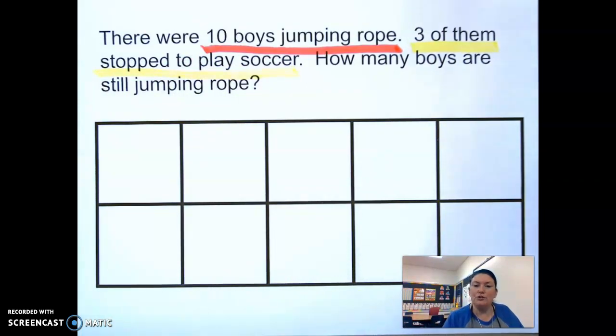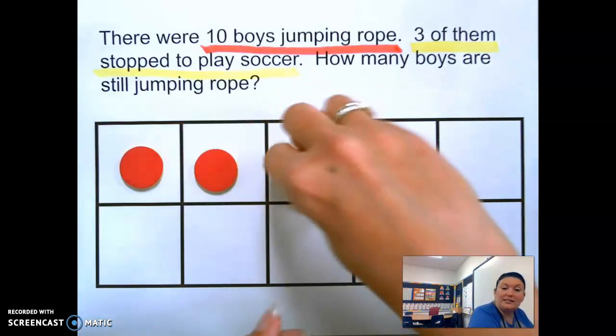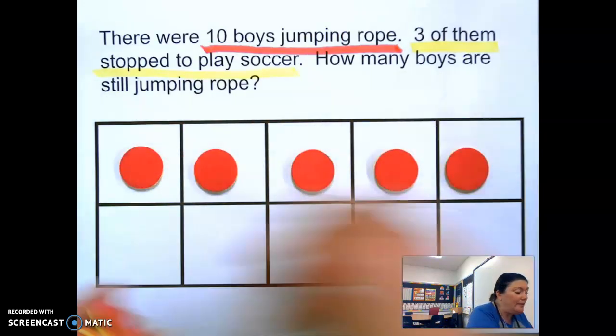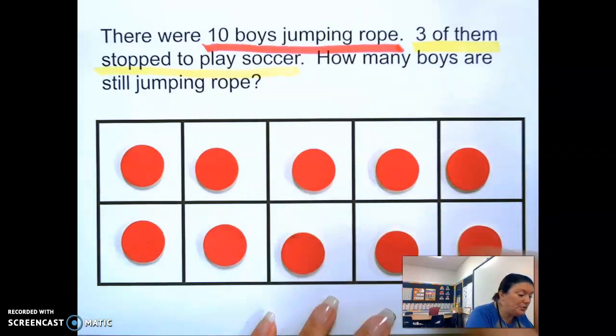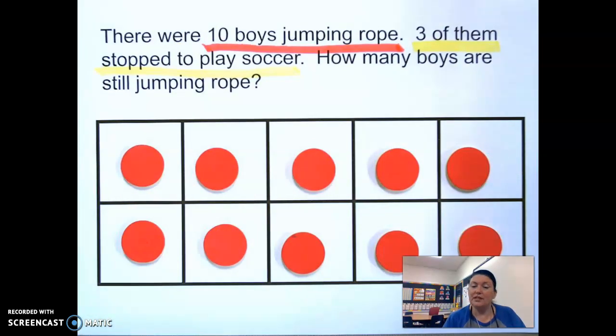So I'm going to use my counters to represent that, and I want you to watch because Miss Langford is just talking. I'm not really even counting at all. All I'm doing is putting those counters in the tens frame. Does anybody know why I didn't count those? You're right. A 10 frame already has 10 spots.